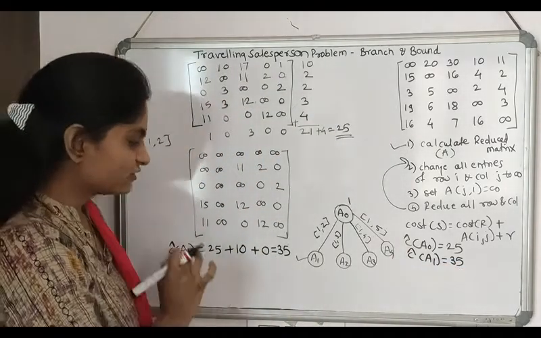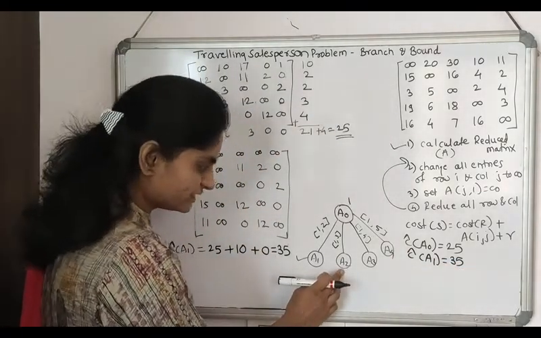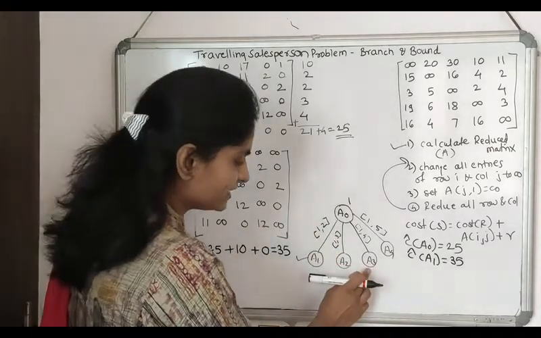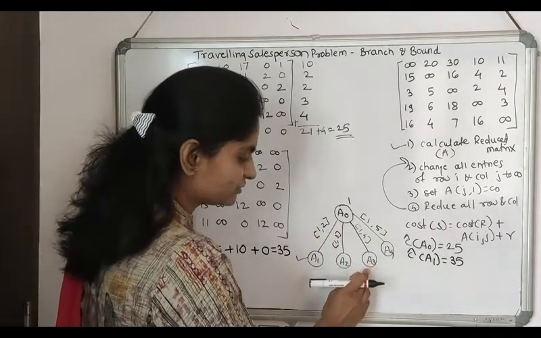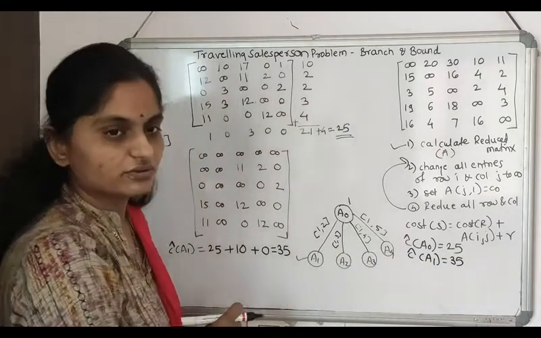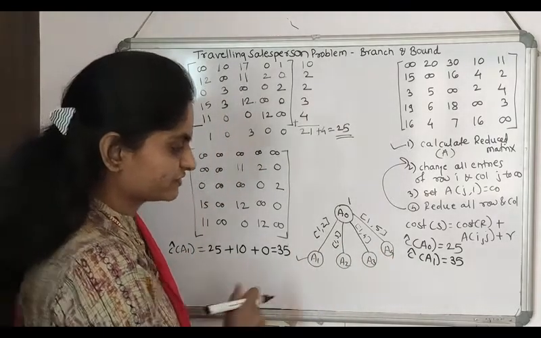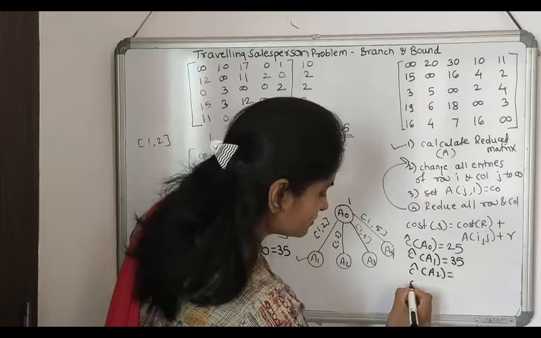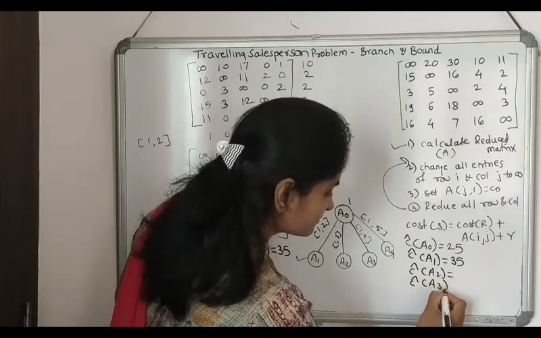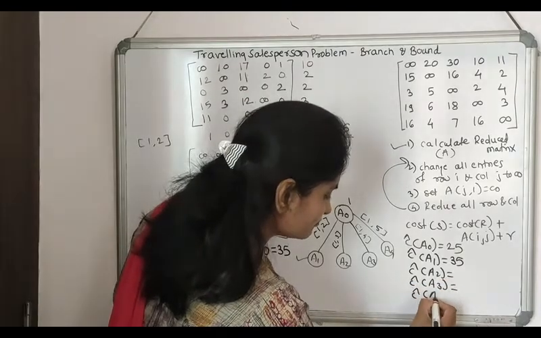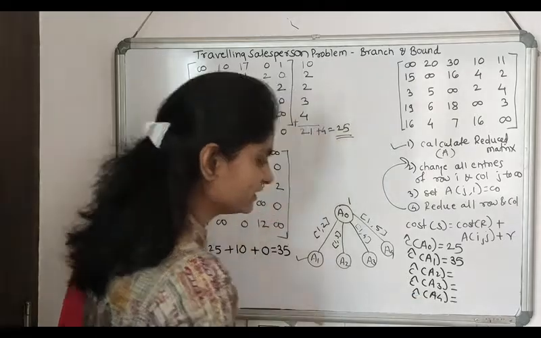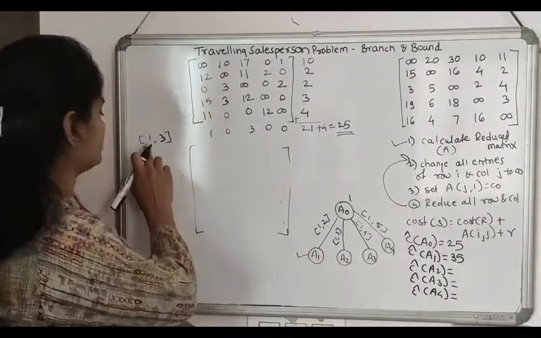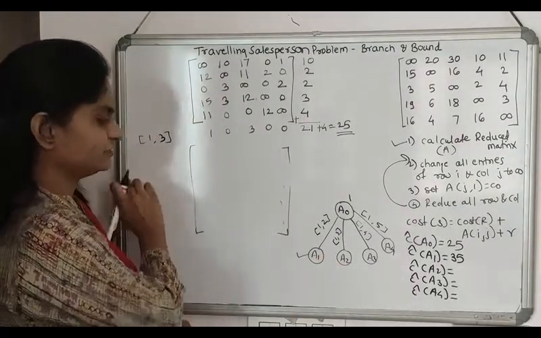Similarly, we can calculate the cost of A2, A3 and A4. Okay, we calculate in the same way. A2 is the cost of path 1 to 3.